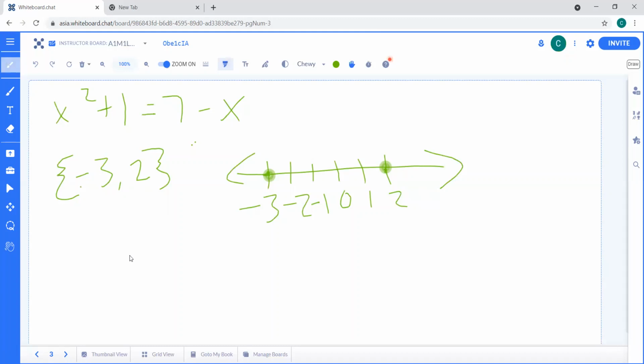Now let's see, is that true? Well, -3, oops, I don't want that now. I'm going to go back to my pencil. Let me use the pencil.